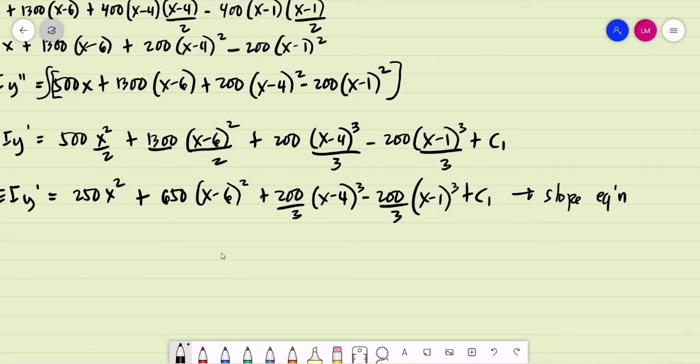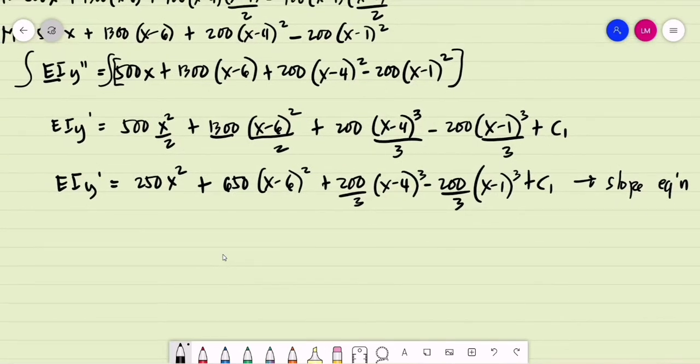So from the slope equation, if we are again to integrate both sides of the equation, we will be having the deflection equation.